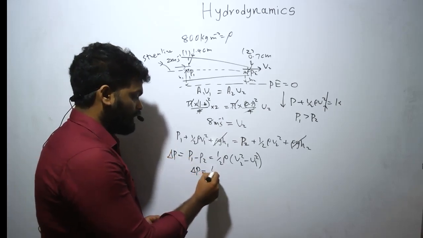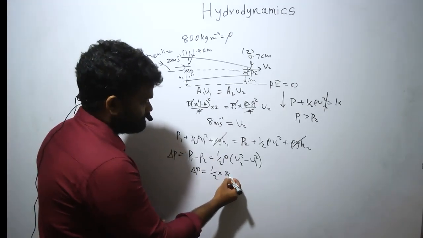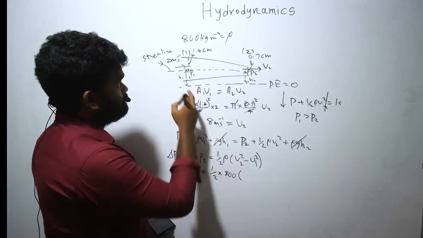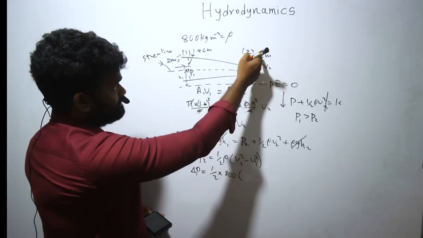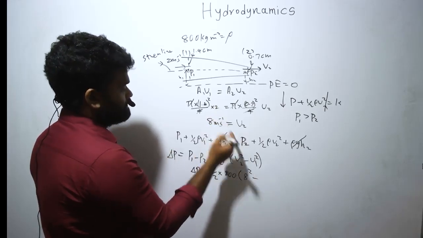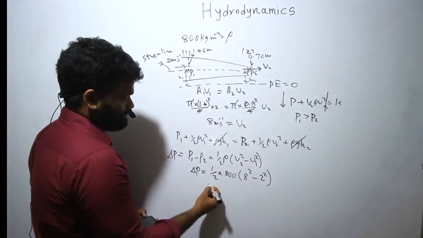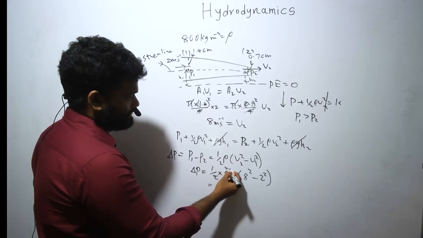Okay. Half density is 800 times V2, that is, we found 8, squared, minus V1, which is 2, squared. So we have 400 here.